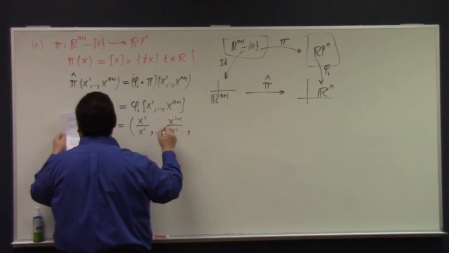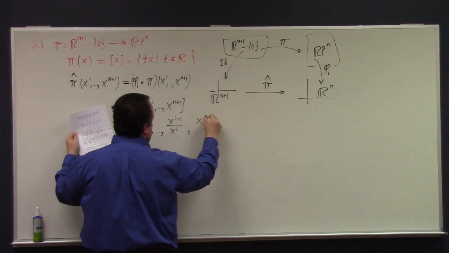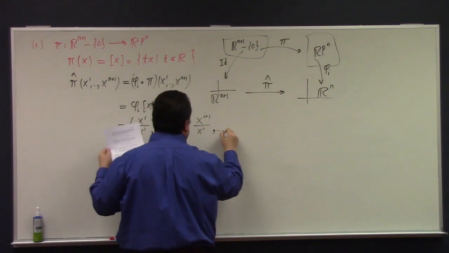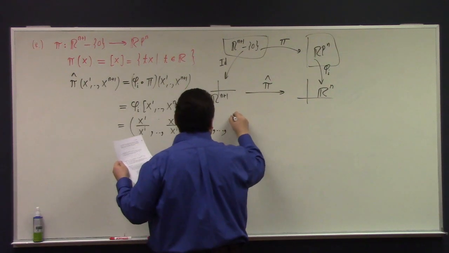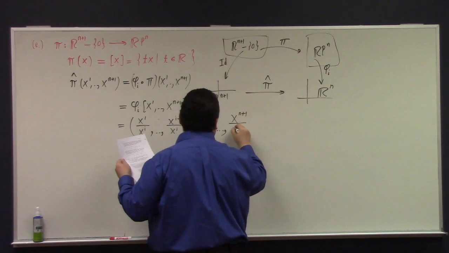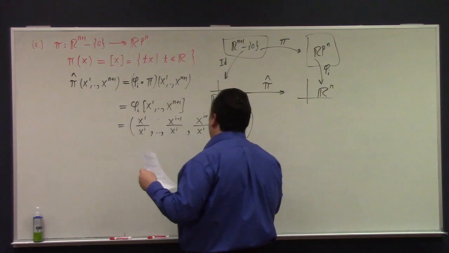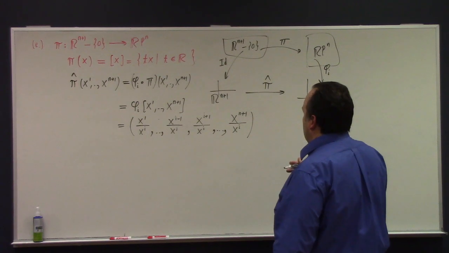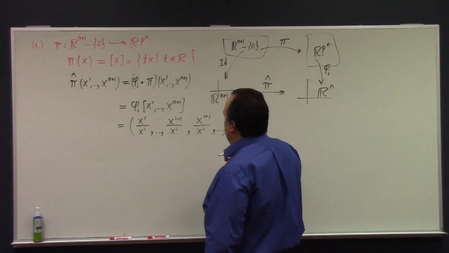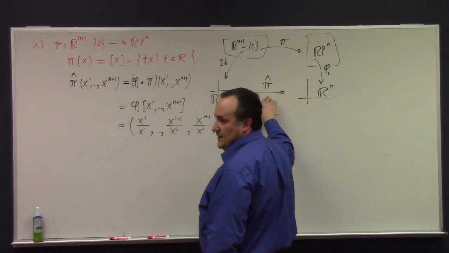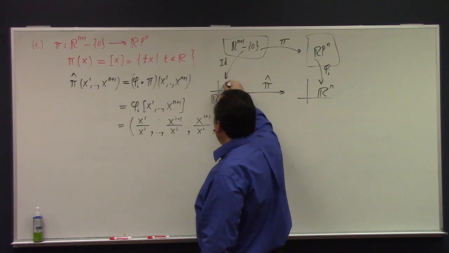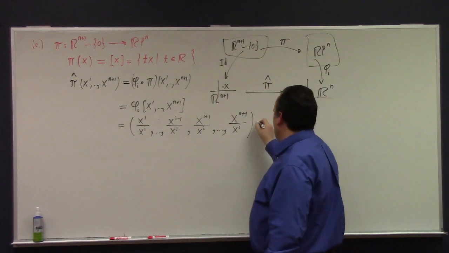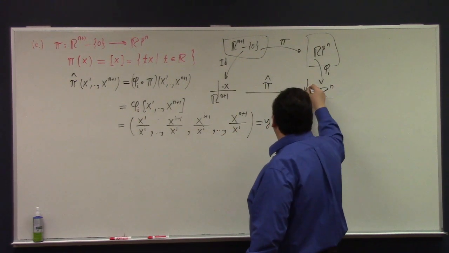And then we skip the ith one, we go on to x_(i+1), and so forth until we finally get to x_(n+1) over xi. All right. So that is the formula that pi hat has, taking a point x to this thing. Let me call this thing y. It maps over here to y.